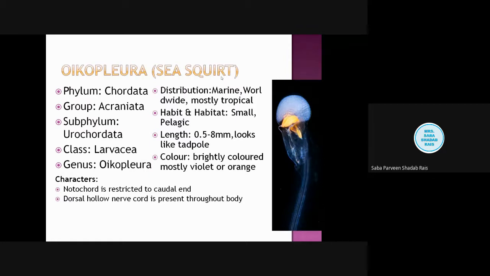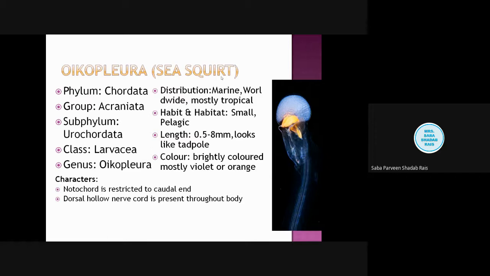Now you might be thinking, ma'am, you told us that in Urochordates the nerve cord is replaced by the ganglion, so why is this not happening in their body, children? Because they are the Larvaceae, they are retaining the larval character, so that's why their nerve cord will be present throughout the body. Otherwise, in other classes of the Urochordates, you will not find the nerve cord present throughout their body.